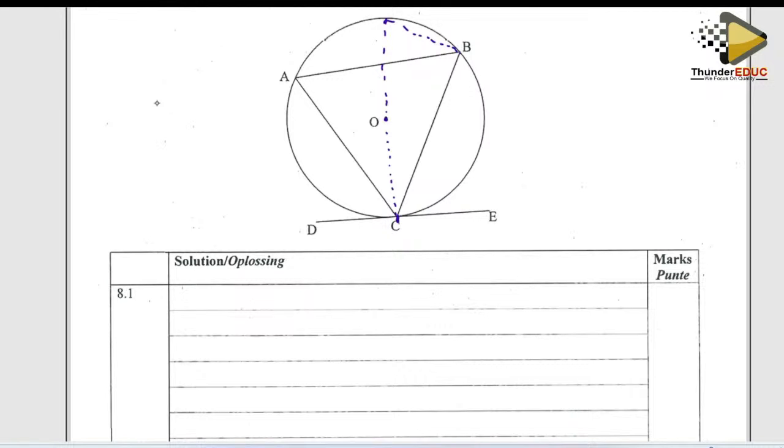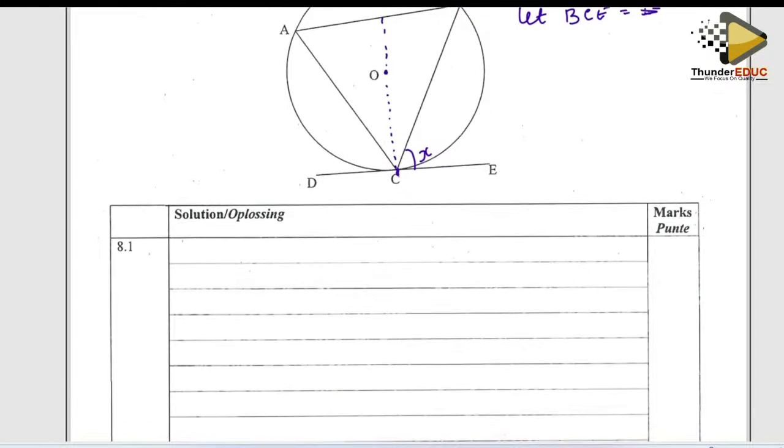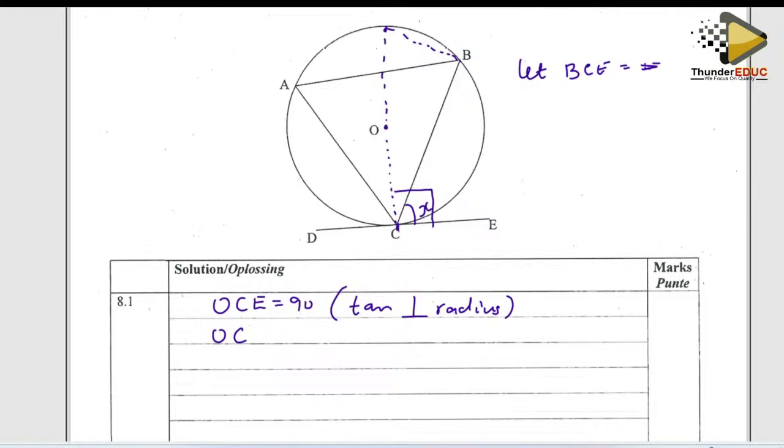Okay, so for having life easy on my side, I'll just let BC be maybe X. Then we know that OCE is a 90. Reason, tangent perpendicular to radius. So the whole of this is 90. So what is the size of OCB? That's going to be 90 minus X, because these two are complementary.